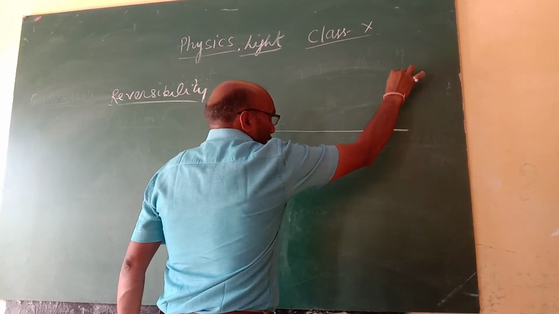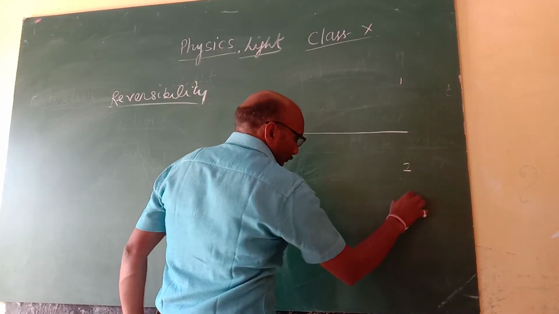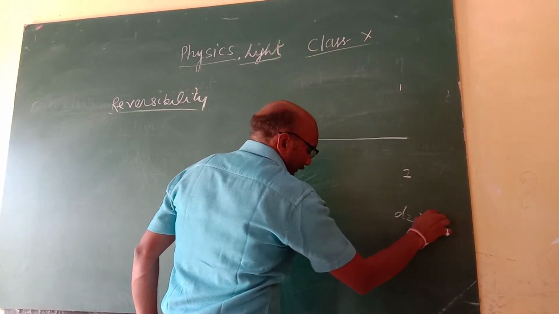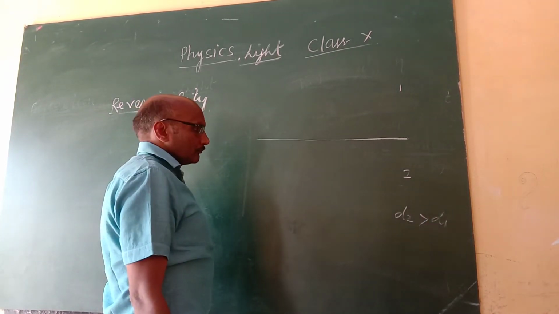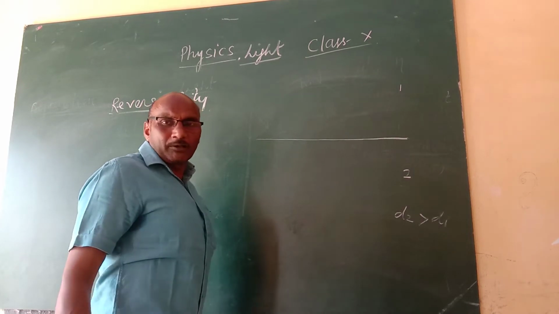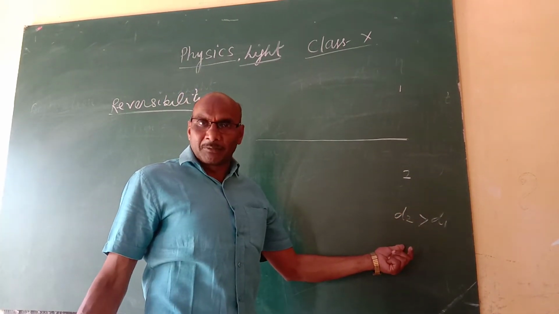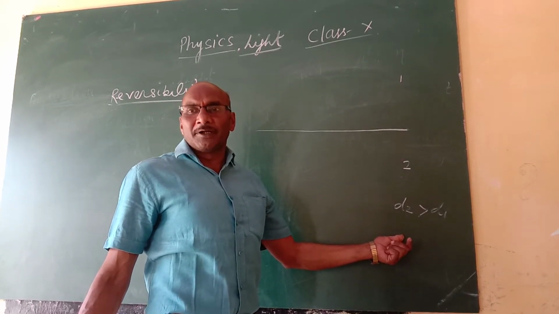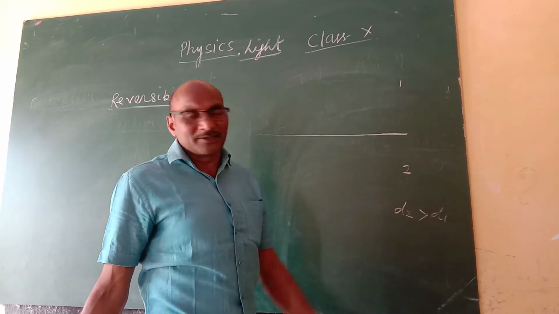This is medium number 1 and this is medium number 2. Let the density of medium number 2 be more than the density of medium number 1. I am assuming this; it is not compulsory that the density of medium number 2 will be more than medium number 1. The density of medium number 2 may be less than medium number 1. I am taking a simple example.